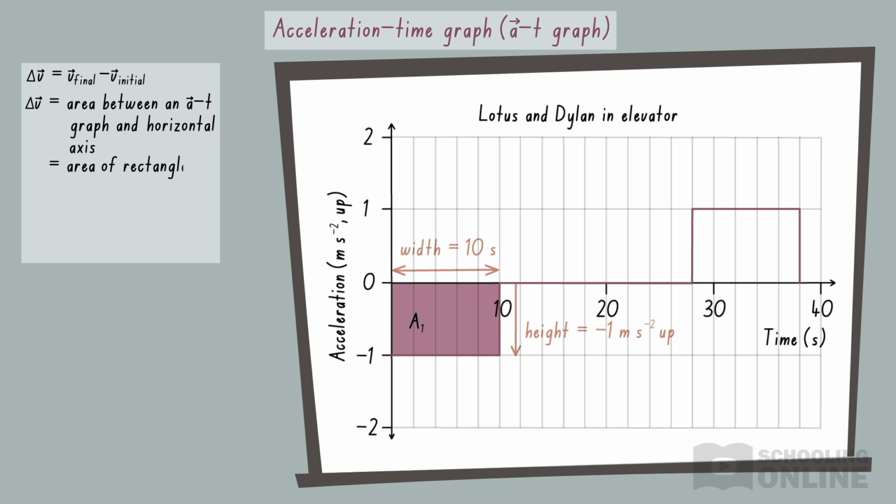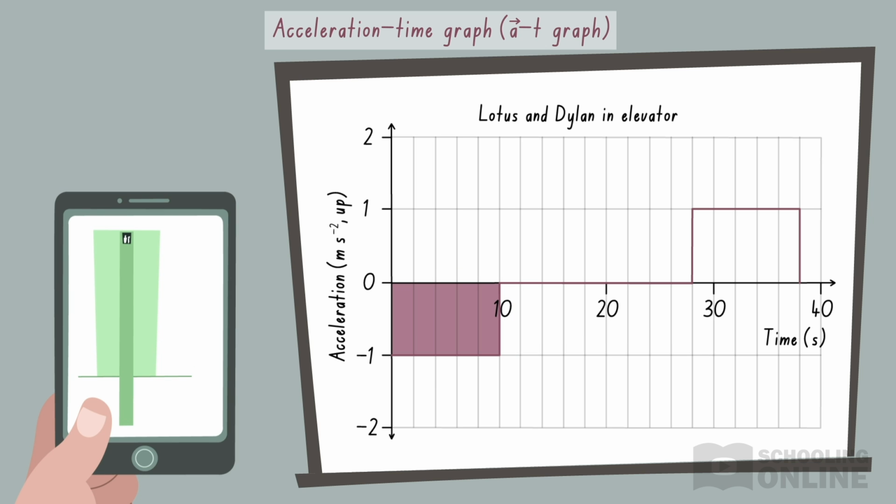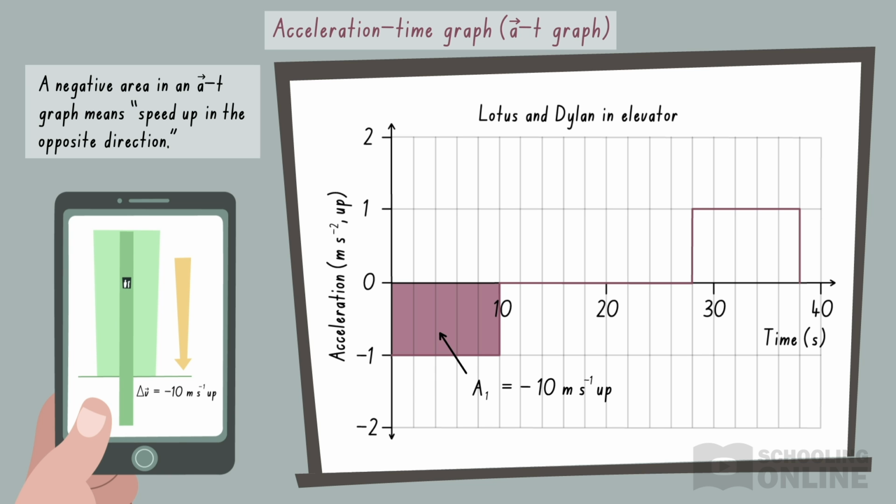Since the area of a rectangle is width times height, we get -10 metres per second up. Overall, the lift's velocity decreases from 0 to -10 metres per second up. In acceleration time graphs, regions below the horizontal axis have negative areas, and they represent deceleration, or acceleration in the negative direction.